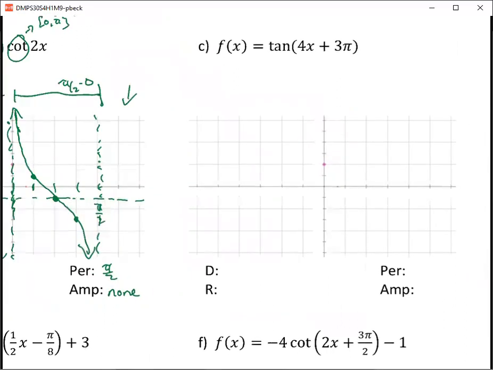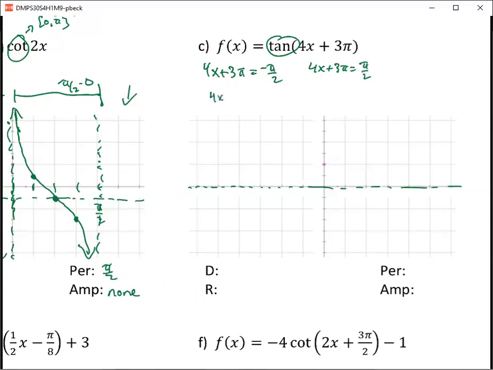This one's going to look a little crazier. So first thing I'm going to do is establish my equilibrium at 0. Second thing I'm going to do is say where does 4x plus 3 pi equal 0? Actually, that's not 0. Because this is tangent, that's negative pi over 2.